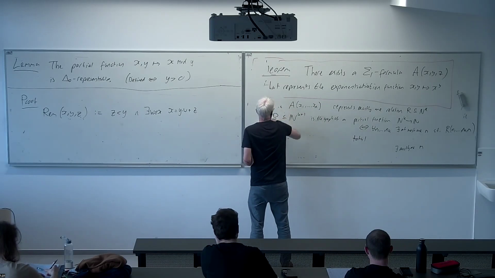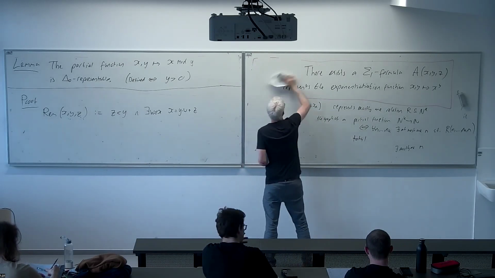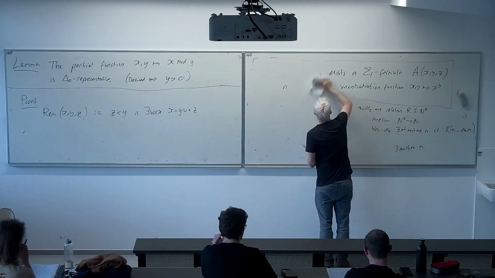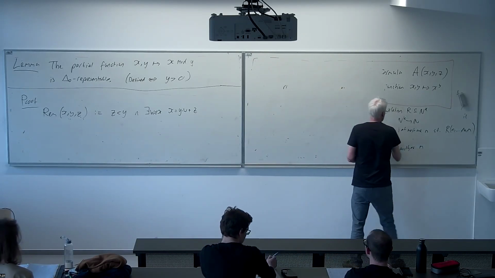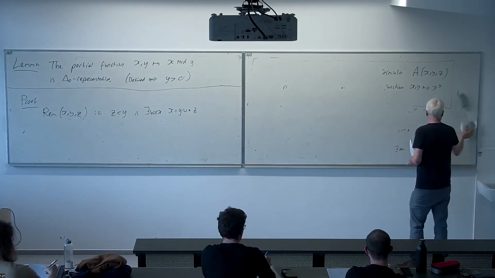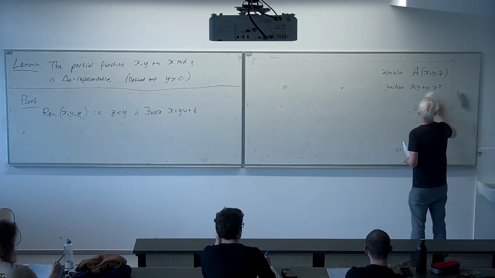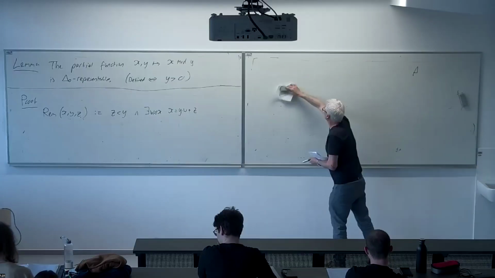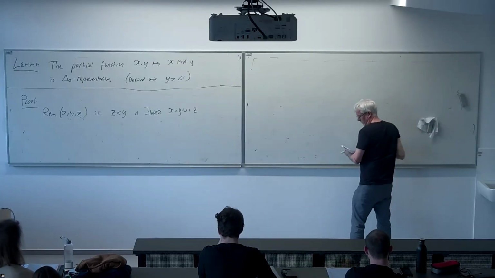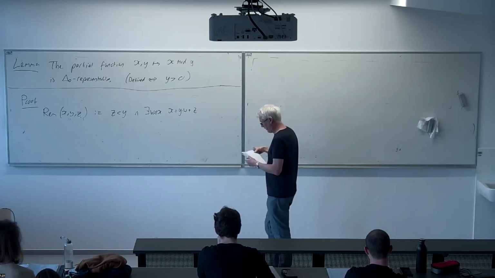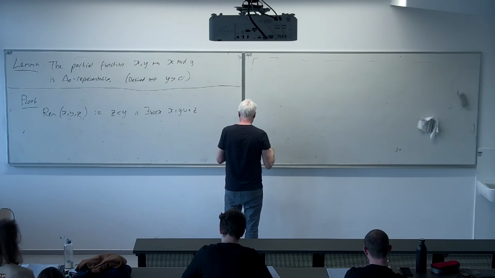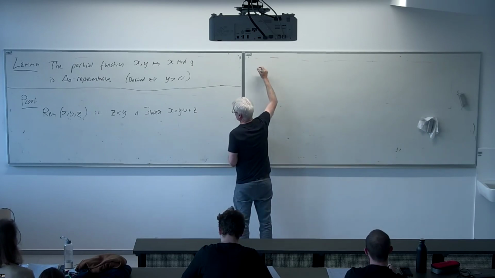Okay, so we'll go to another very simple function. And so again, the lemma is going to be, so it's a total function this time, and again, the lemma is going to be that it's delta 0 representable.